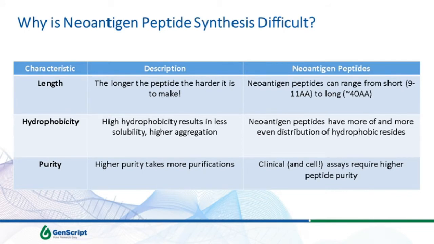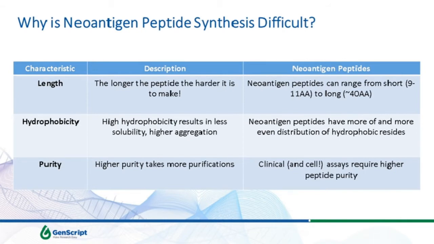And neoantigen peptides can range from pretty short, 9 to 11 mers, all the way up to 40 mers, if you're thinking about a peptide-based personalized cancer vaccine. Hydrophobicity is a huge challenge. There are many hydrophobic residues on these neoantigen peptides, and they're evenly distributed. That obviously leads to aggregation and difficulties in solubility. It just really makes it very difficult.